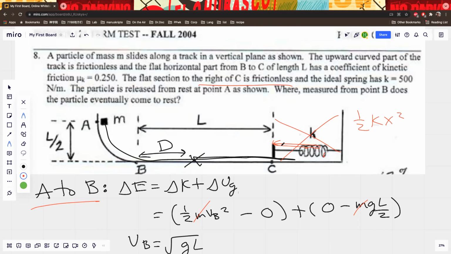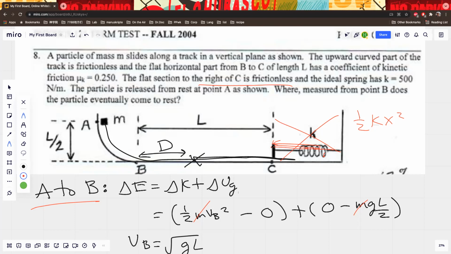Because there's no friction and it's ideal, there's no loss of energy, we have conservation of energy. Whatever's lost to the spring comes back. Okay, so we could just assume the speed is the same going the other way.